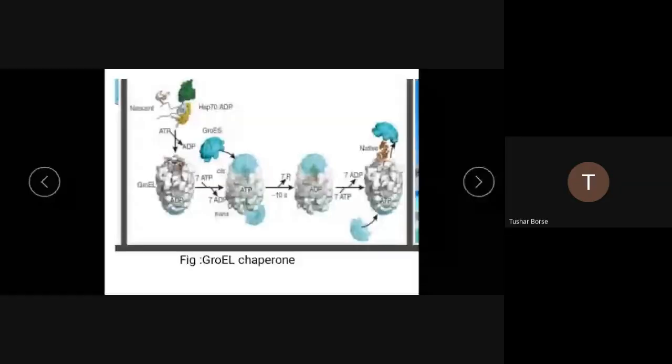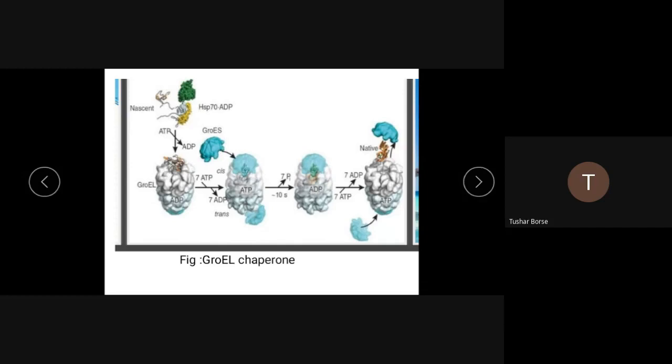Then this protein gets folded inside GroEL. Under the right temperature and pH, the protein gets folded. Then ATP is hydrolyzed, the cap opens, and the native folded protein comes out. Here, this is the working of the GroEL chaperone.